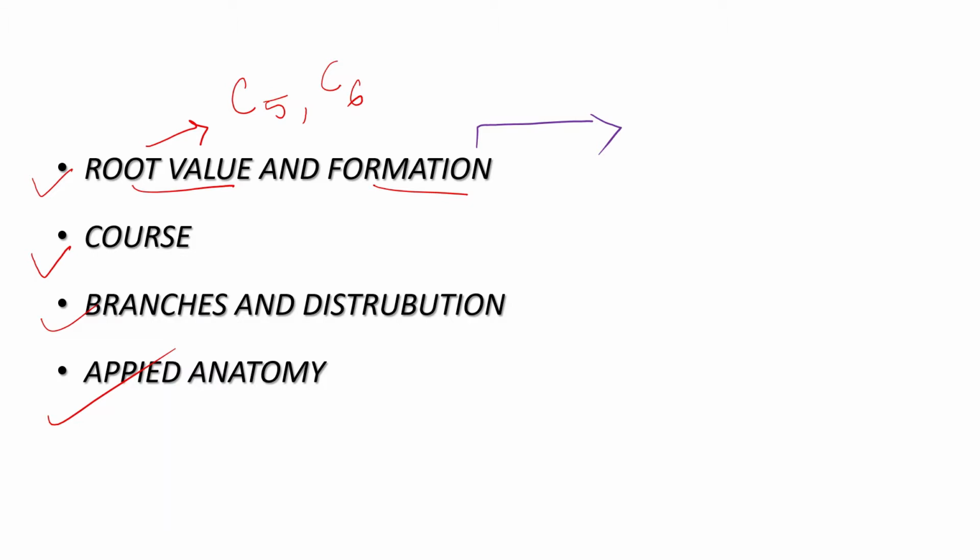Once the nerve arises from this posterior cord, the nerve is seen descending down to enter the axilla. So this is about the formation and the root value of the axillary nerve.